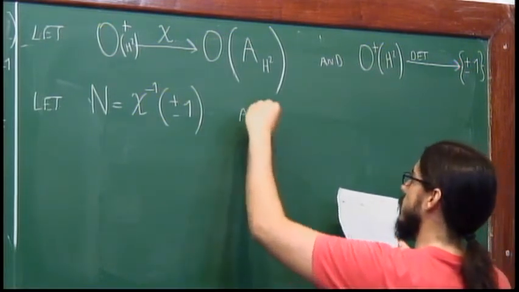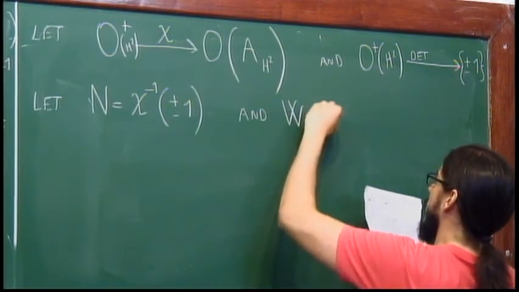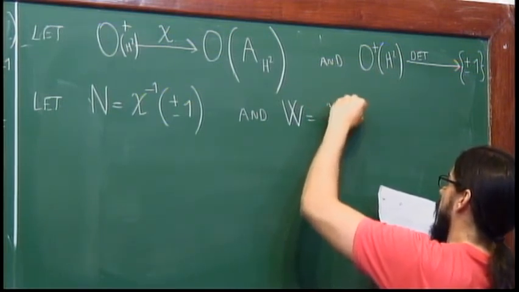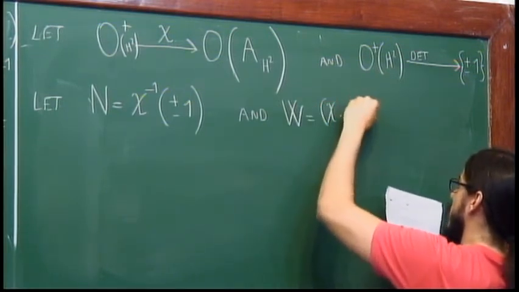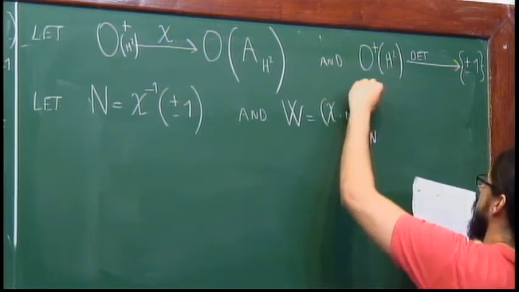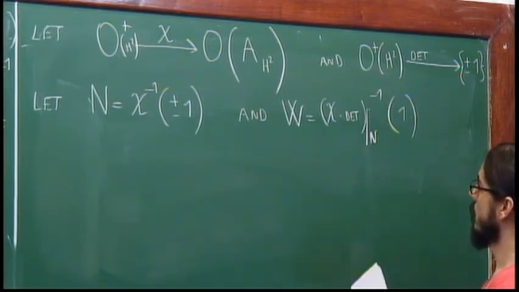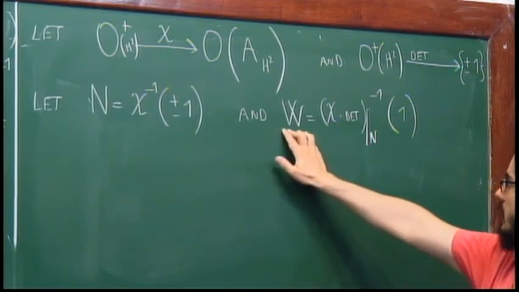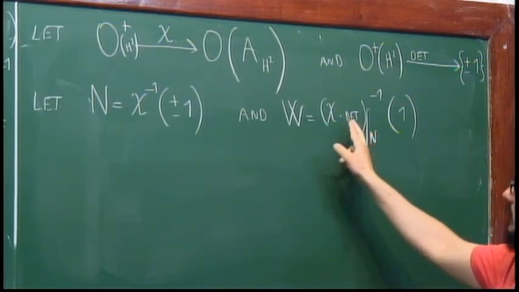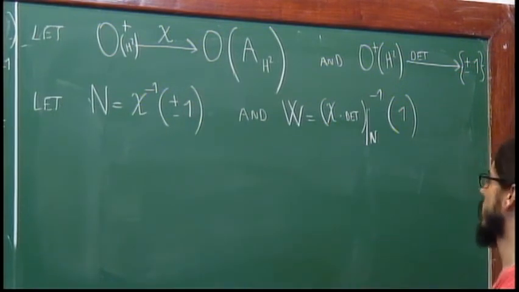And W will be chi times the determinant restricted to N, the pre-image of 1. So here we are just taking elements of this N, where if they act as minus 1 on the discriminant group, they have negative determinant, and vice versa.